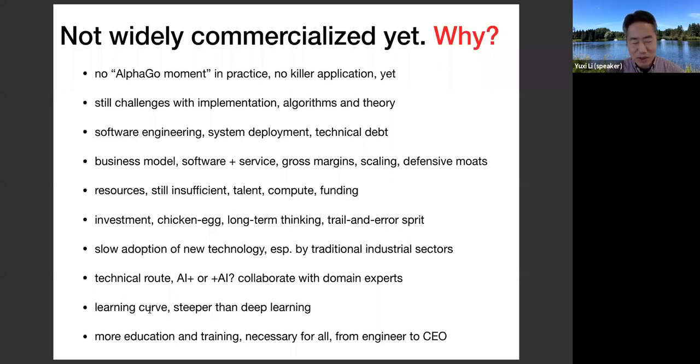There are many algorithms, many terms to learn, and it's related to optimal control, neuroscience, and psychology. So it's more complex than deep learning. We still need more education and training, and we try to help other people understand reinforcement learning better.